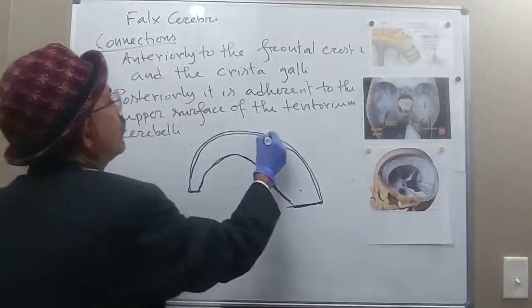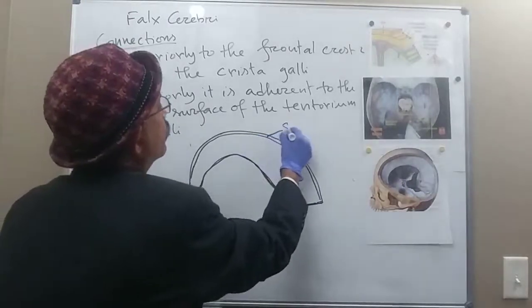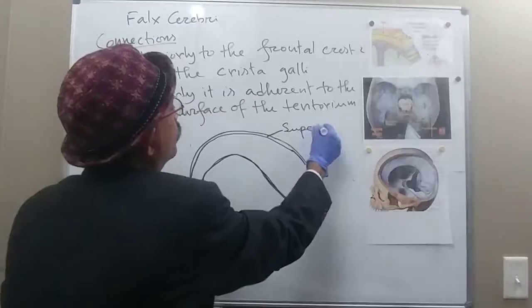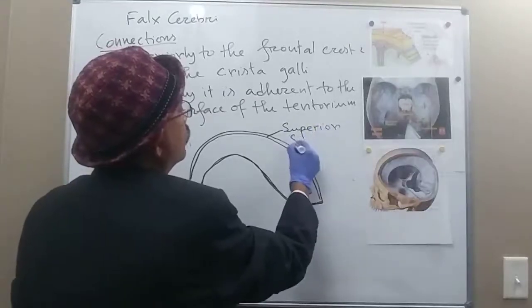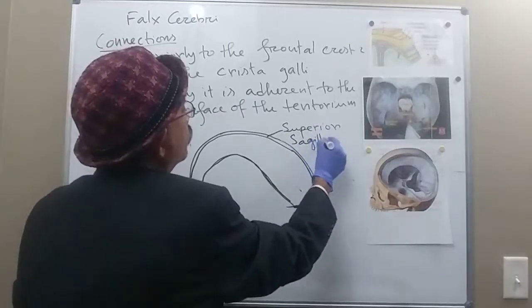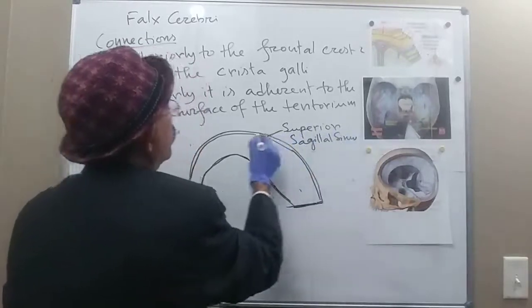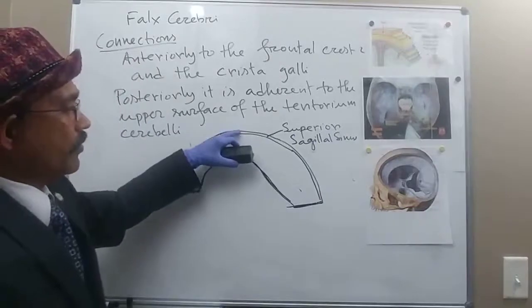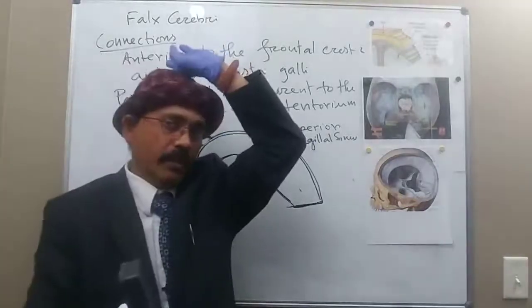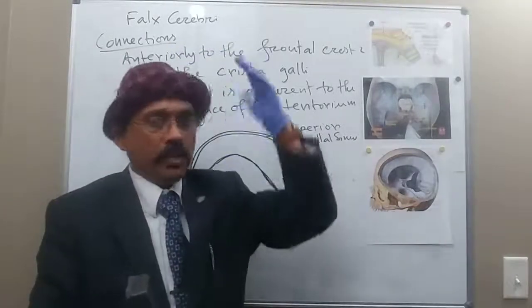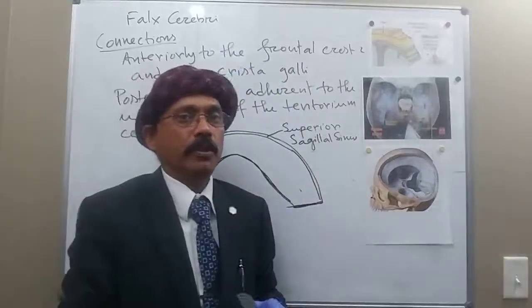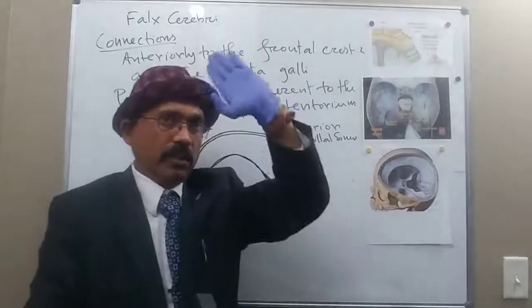This is a dural venous sinus, in the midline on the inner surface of the skull, along the sagittal plane.